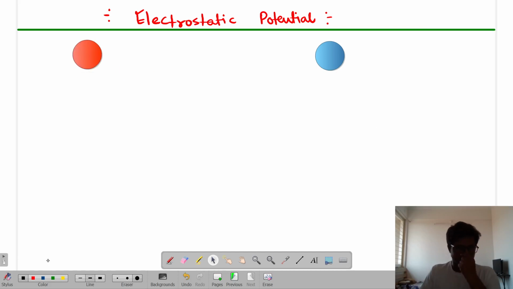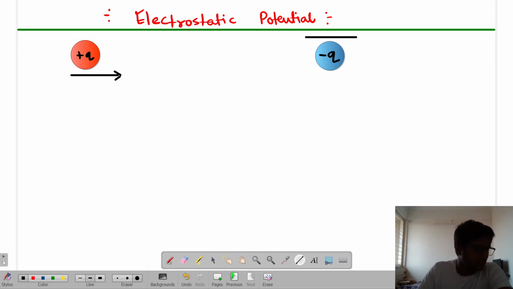So this is plus Q and this is minus Q. Now, if the electric field is towards this side and on this the electric field is towards this side, means for both of them the electric field, let me plot in the same fashion, is in the same direction, isn't it?